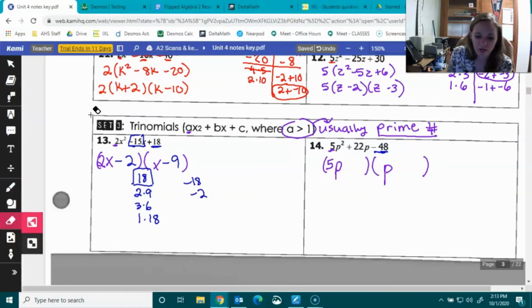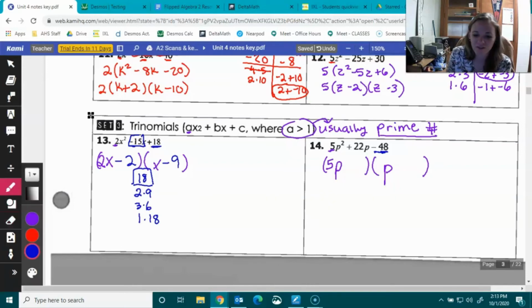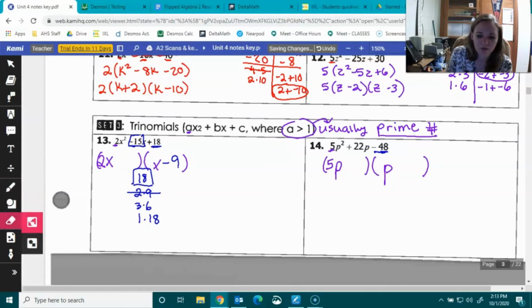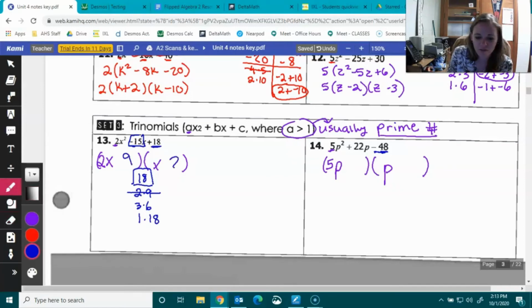So I'm working this backwards, which takes definitely some practice. So it's not 2 and 9. Let me just make sure I'm looking at the right thing. Yeah, so it's not 2 and 9. Alright, now I'm going to try, and actually, you are supposed to try the backwards. I just remembered about that. 9 and 2.